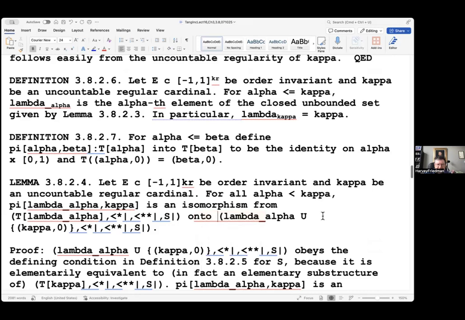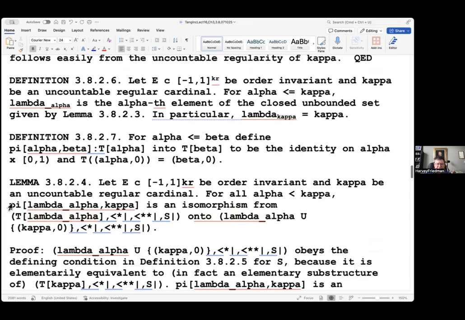Now wait a minute. Is this what I wanted to say? Yeah, that one's an isomorphism from there onto, because this is the one that goes to kappa.